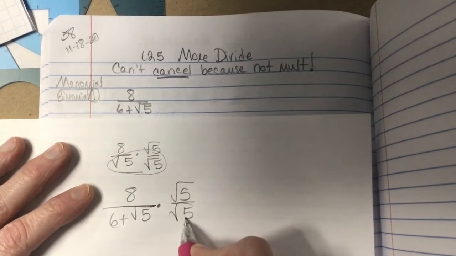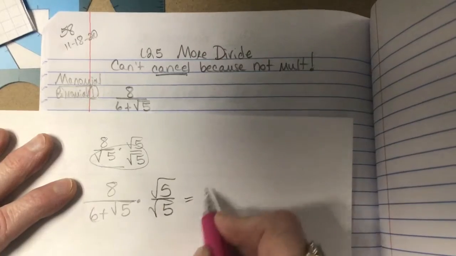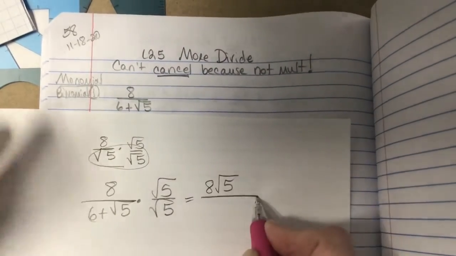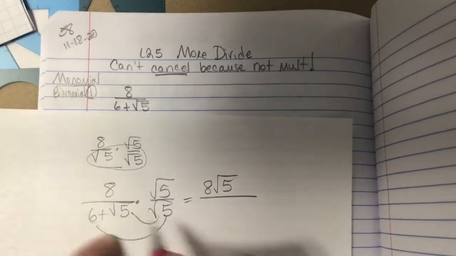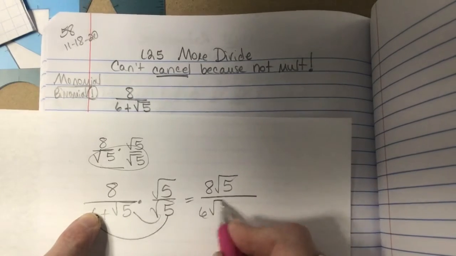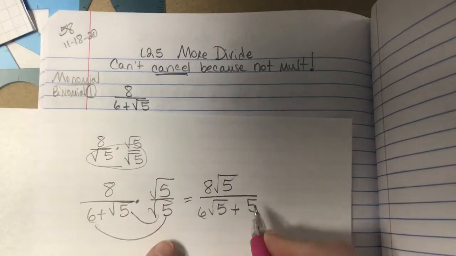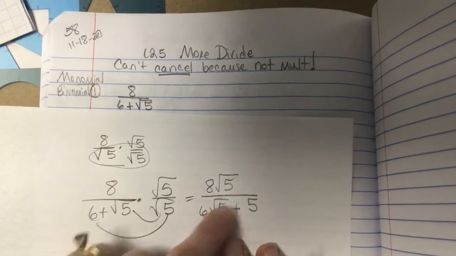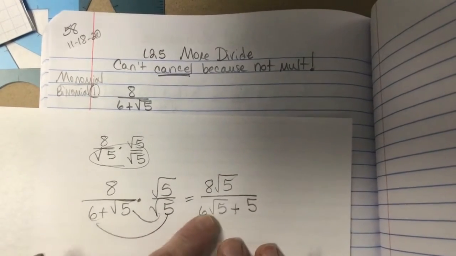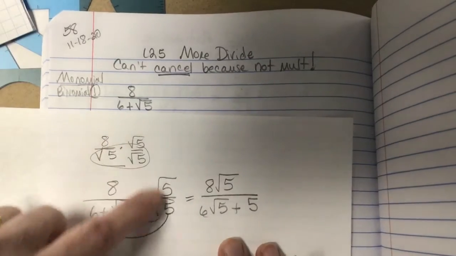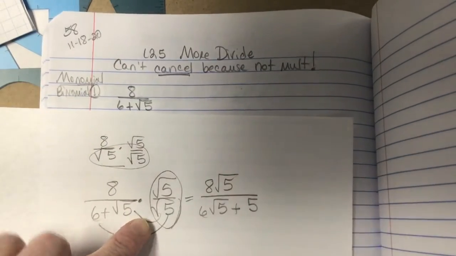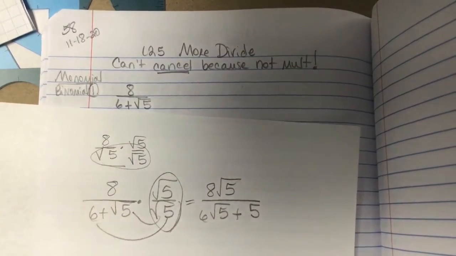If you multiply by square root of 5 over square root of 5, the top is 8 square root of 5. That's not a problem. But on the bottom, you have to distribute, and you get 6 square root of 5 plus the square root of 25, which is 5. But you still have a radical on the bottom. You can't cancel it. That's not multiplication. So you get into a bind when you try to rationalize when the bottom has adding and subtracting in it.